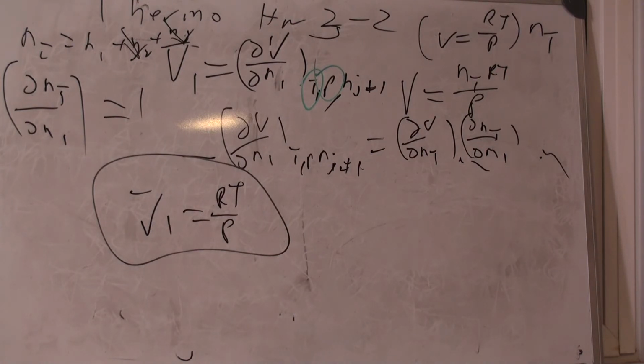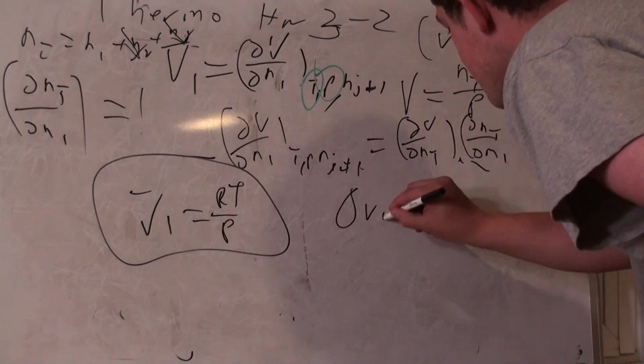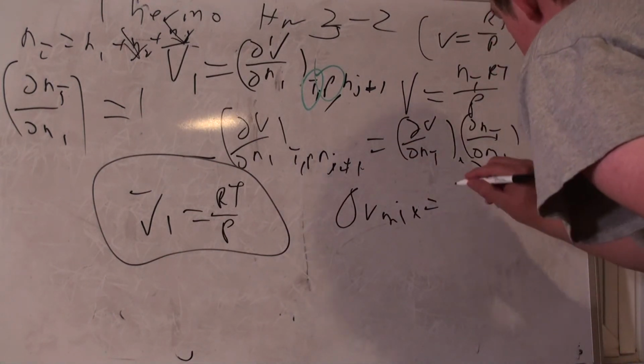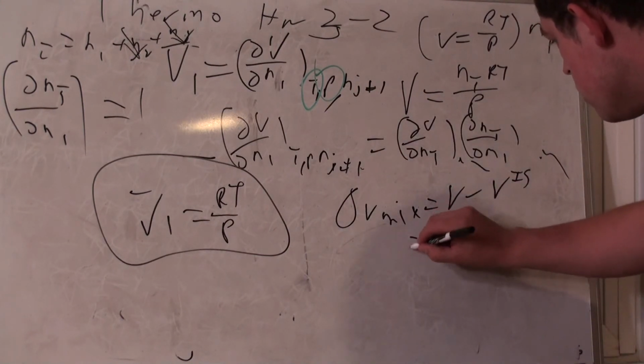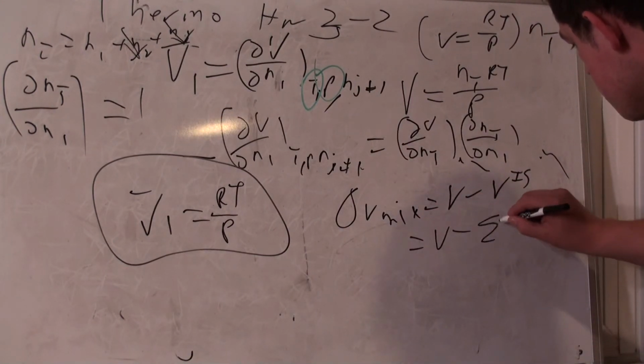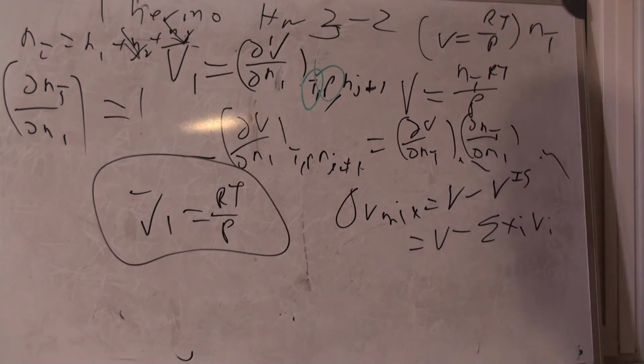And V, well, I already know what V is. Delta V mix is equal to V minus V ideal solution, and V ideal solution is equal to the summation of Xi Vi.